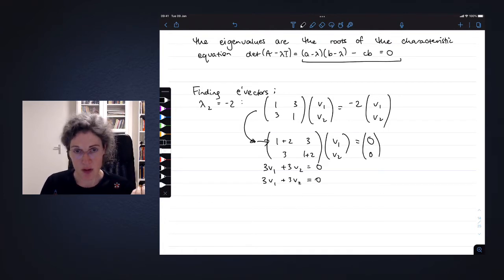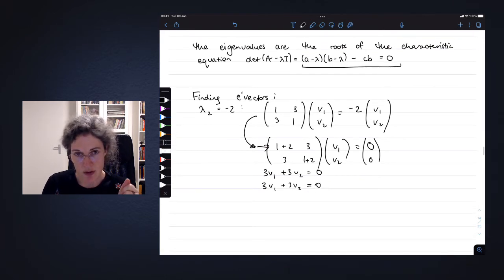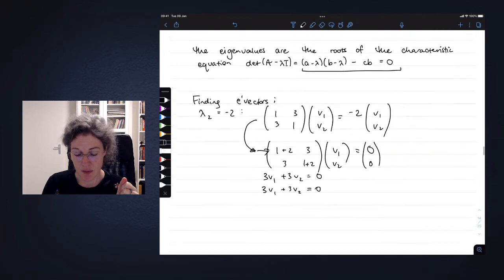And you might look at this and go, well, that's a problem. We have 2 equations, but they're the same, so we can't find a unique solution. But that's exactly what we'd actually expect, because we wouldn't expect to find a unique eigenvector.